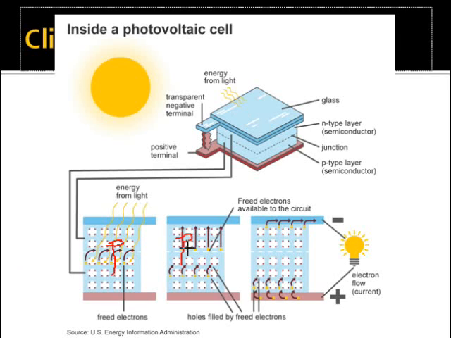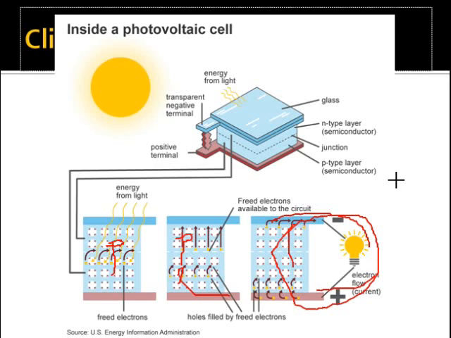Once they start crossing the junction, the electromotive force or voltage can be seen in the circuit. This is actually called current. So what is current generated?